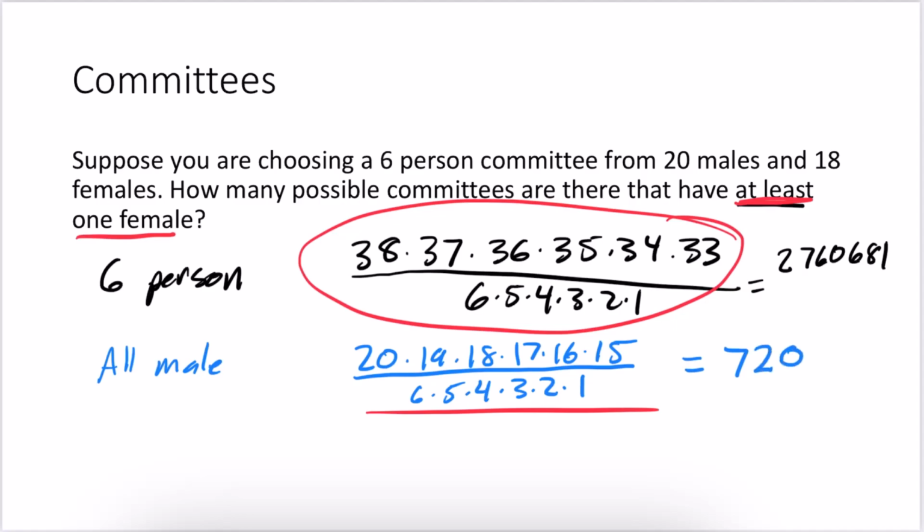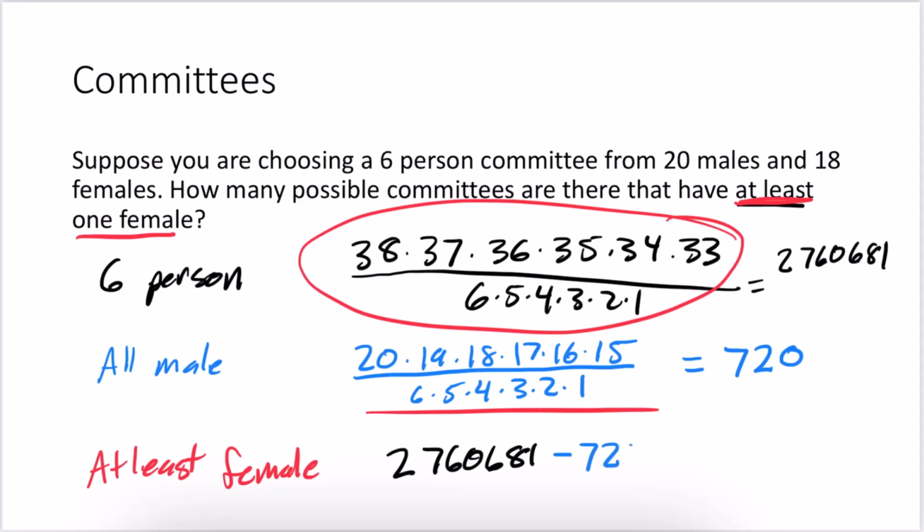So to calculate the number of committees that have at least one female, I would take the 2,760,681 total committees and subtract the number of all-male committees, because those are the committees that don't meet the requirement of having at least one female. And what that tells me is that the number of committees that have at least one female is 2,759,961.